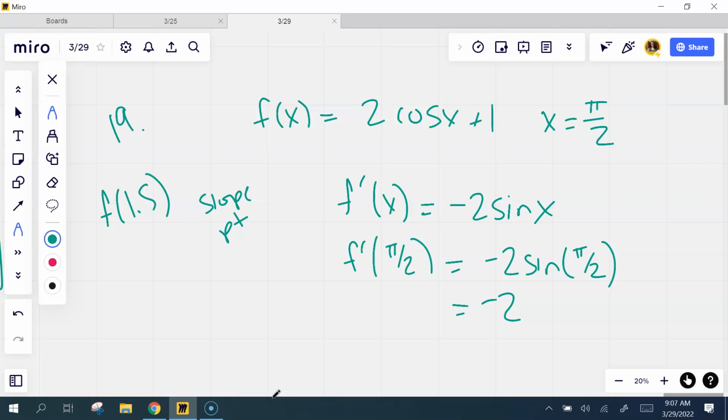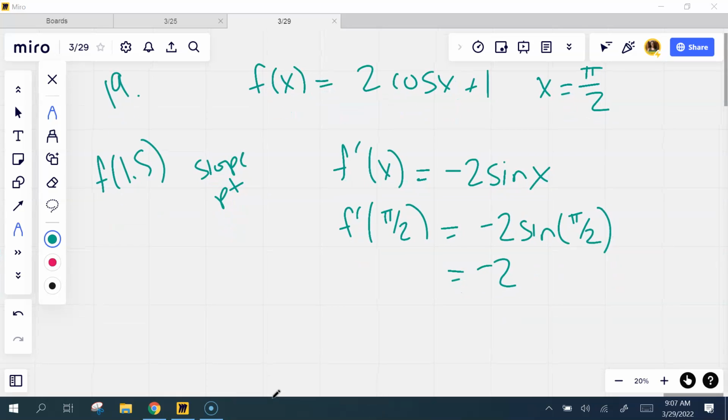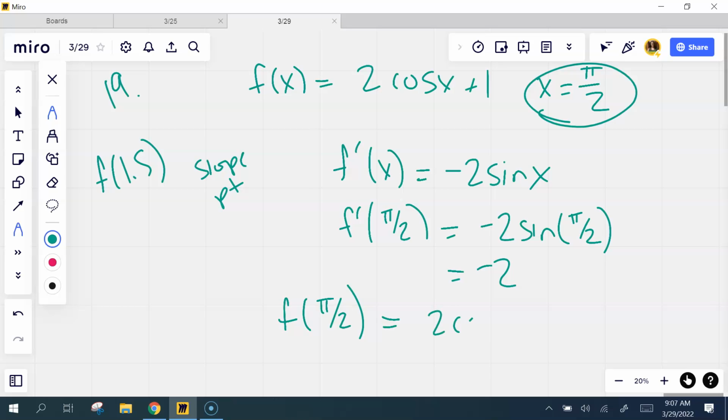Now I need a point. What point am I going to use? I have to use x equals pi over 2, right? So I have to plug it in. That's why I said this one's got a little more work than the other. Cosine pi over 2 plus 1, what is the cosine of pi over 2? 0.